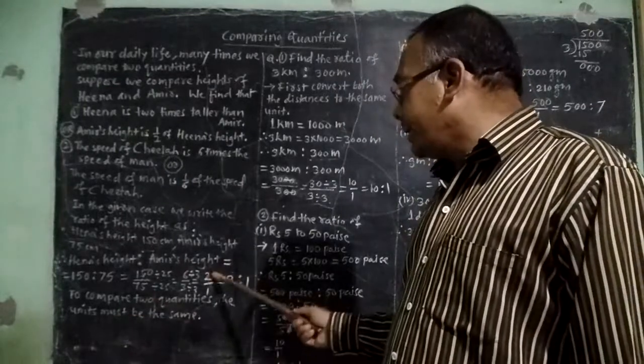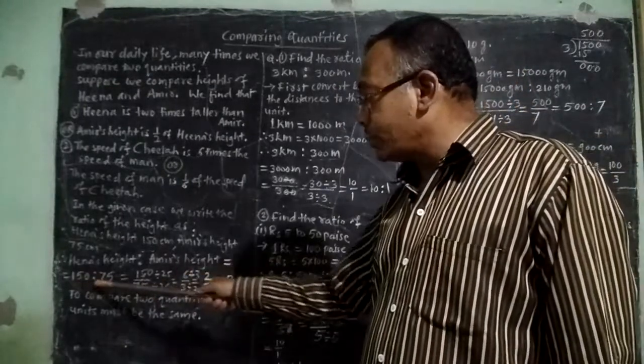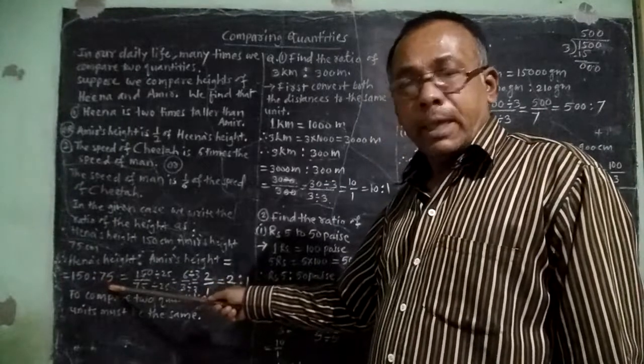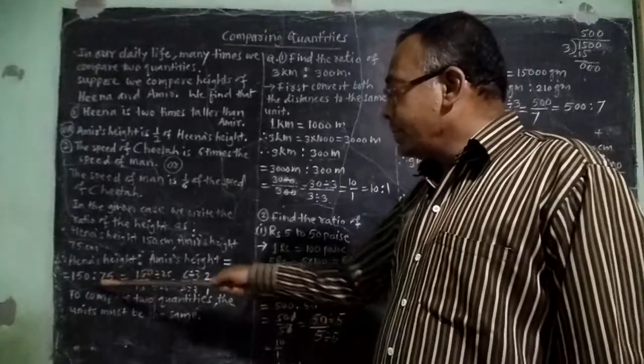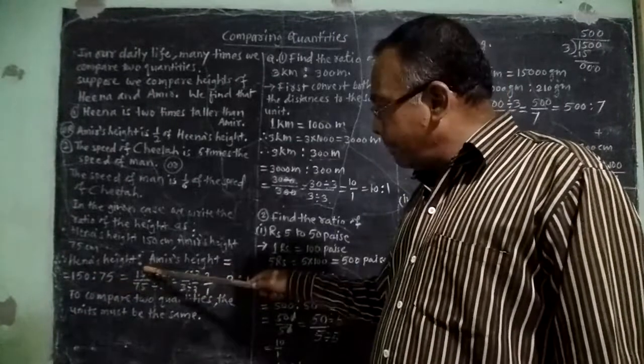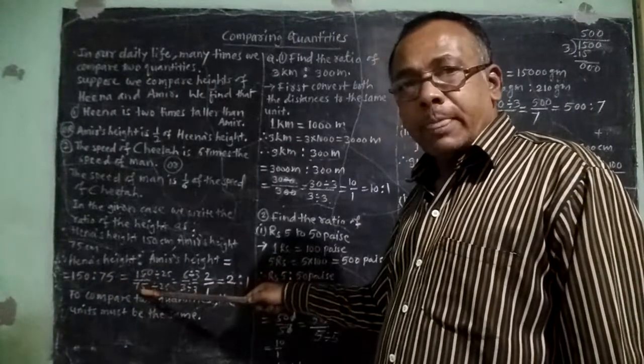So it can be written as 150 as to 75, and that is equal to, means ratio means division, 150 divided by 75.